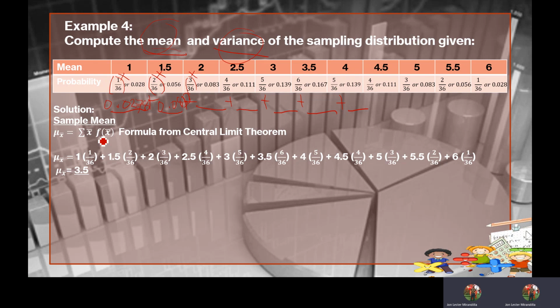So, actually pwede nyo i-shortcut sa calculator itong mga to, pero kasi dito if wala kayong calculator, magmano-mano kayo. So 0.0278, 0.0833. Then dito tayo sa 2 times 3 over 36. So 2 times 3 over 36 is equal to 0.167.